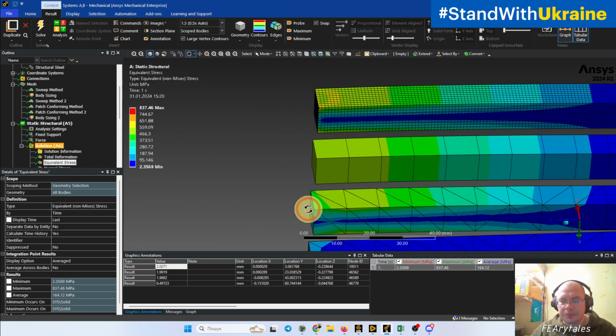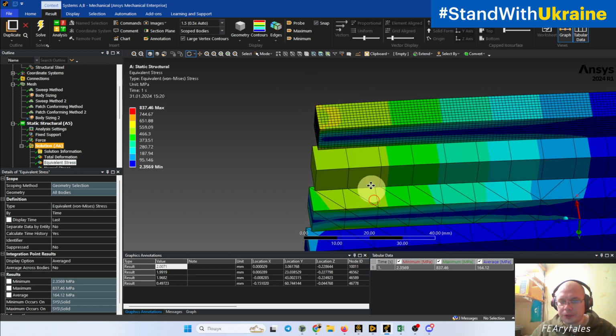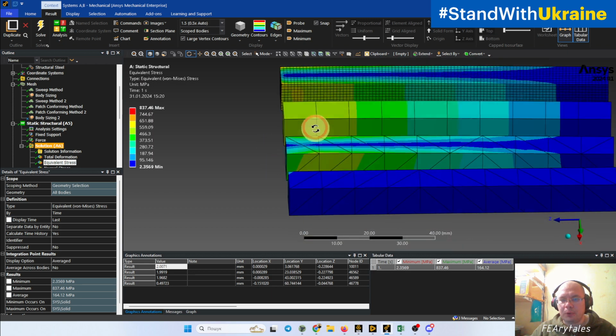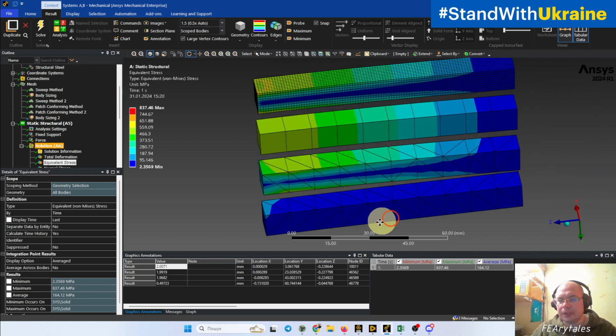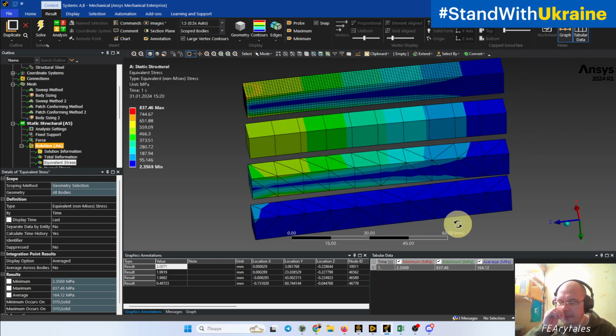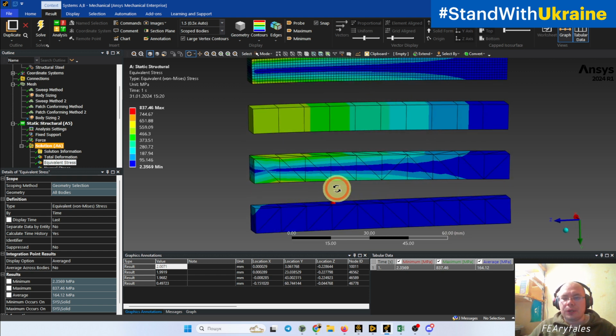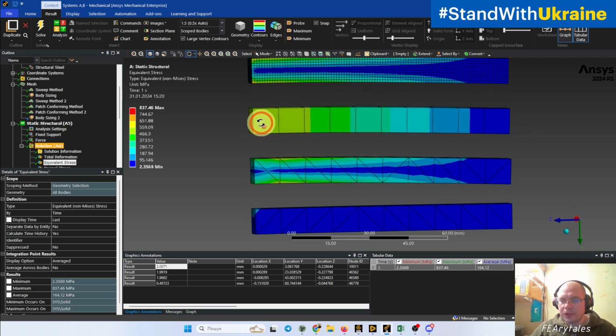We have some difference here on the top and bottom faces, but in general it looks the same. So this one has the same colors but doesn't have a natural plane with zero stress, so it's a tricky solution.